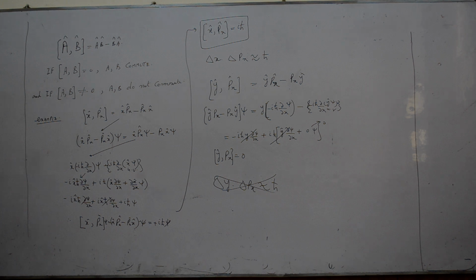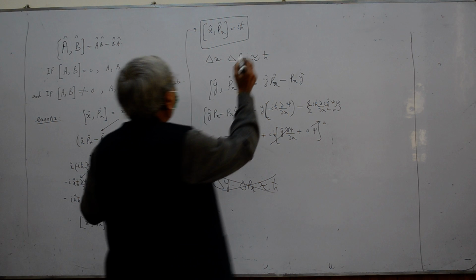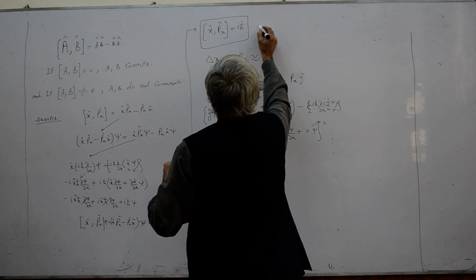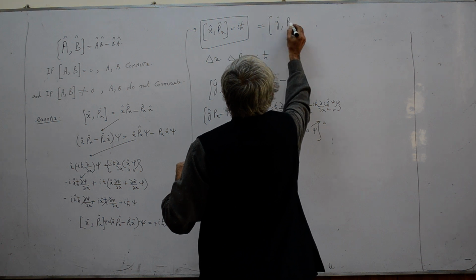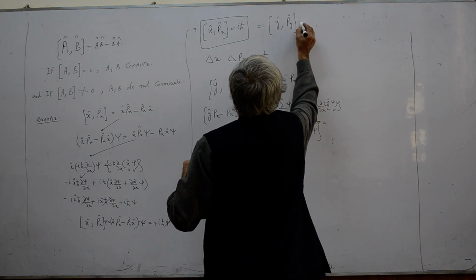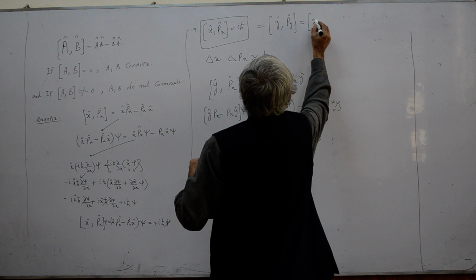So remember this, that x and px, y and py, z and pz do not commute. Okay? So from here, the conclusion is that these are all equal to i h bar: x px, y py, z pz.